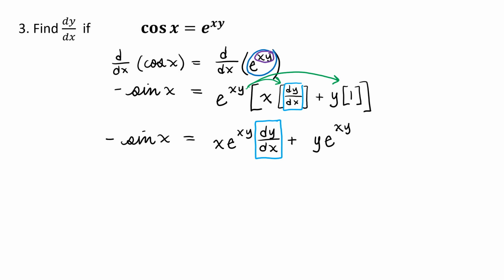So I'll make sure that the term with my dy dx is the only one on that side by subtracting y e to the xy from both sides. So I have negative sine of x minus y e to the xy is equal to x e to the xy dy dx.